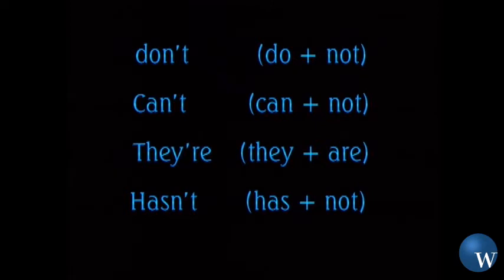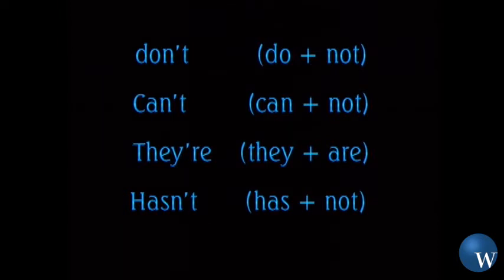A letter drops out, and you can see there that the letter O drops out, and you get the apostrophe there. So you have a shortened or abbreviated form of these two words that have been drawn together. The word can't for can and not, the word they're for they and are, and hasn't for has and not. Those are contractions, okay?